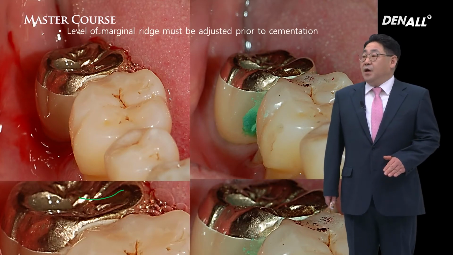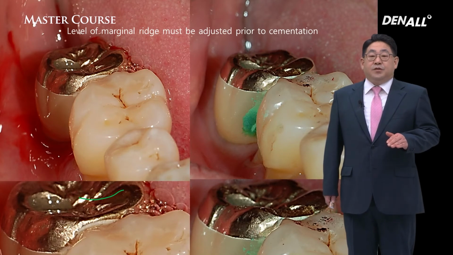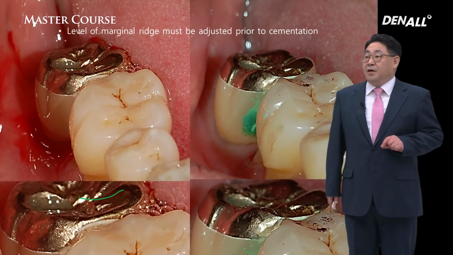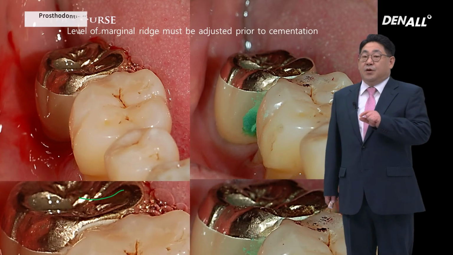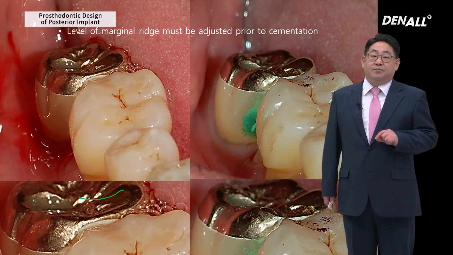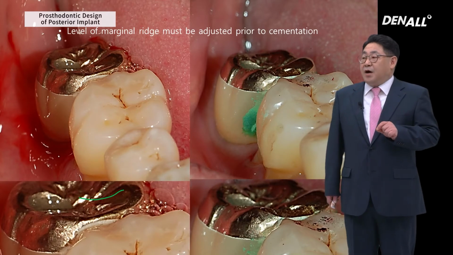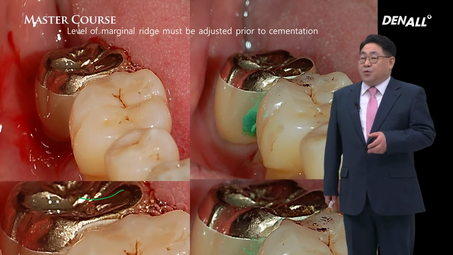If you look at lower left, the green line shows how much misaligned the marginal ridge is. In the end, this needs to be adjusted as shown in lower right. Only in this way will we be able to prevent the food impaction and provide a food escapeway.